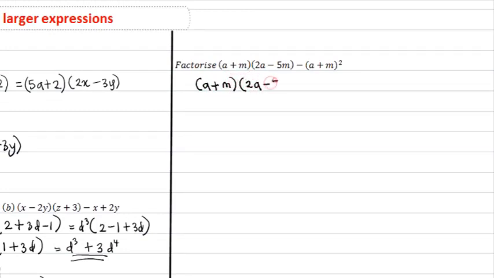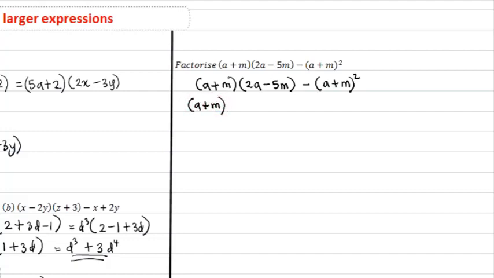Looking at this last problem, we have a plus m 2a minus 5m minus a plus m square. So this one is one region, this one is another region. What is common here? We have a plus m here 2 times because of this raised power 2, while this one we have a plus m once, so we can bring out one of them, that is a plus m.